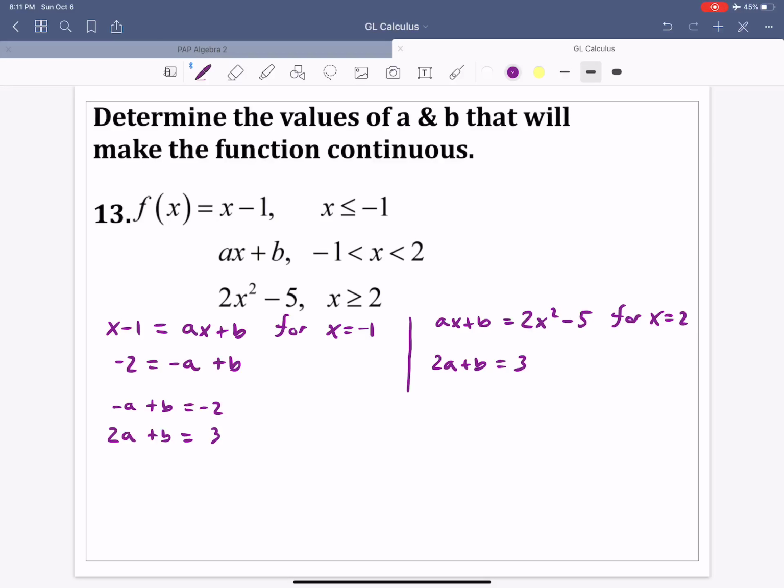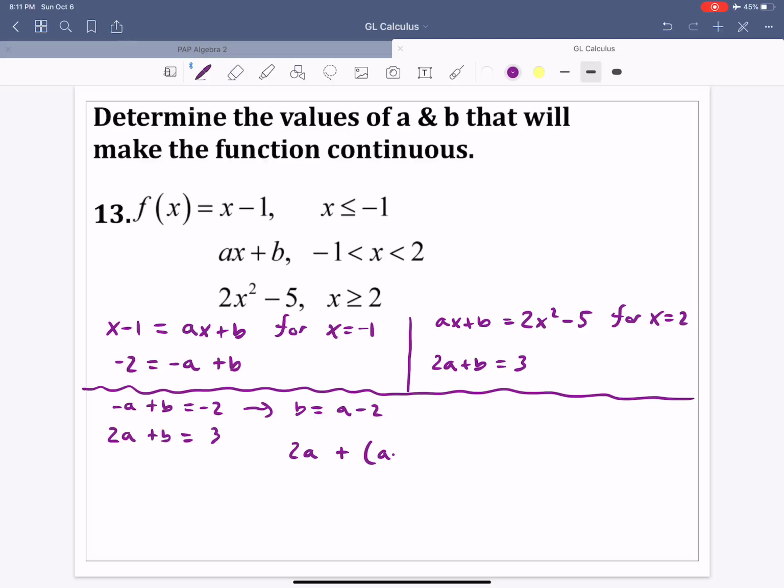Now, there are various different techniques that we can use to solve systems of equations. Some of them are substitution or elimination. Those are the best ones. What I would do is probably substitution. I would rewrite this equation as b equals a minus 2 by adding a to both sides. And then I would substitute that in the second equation.